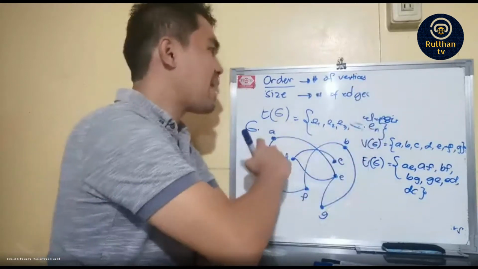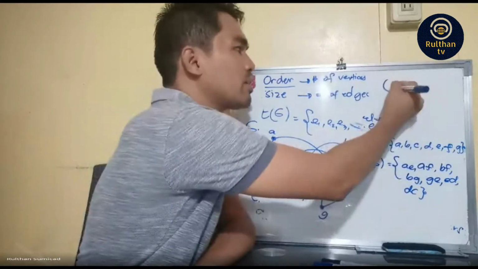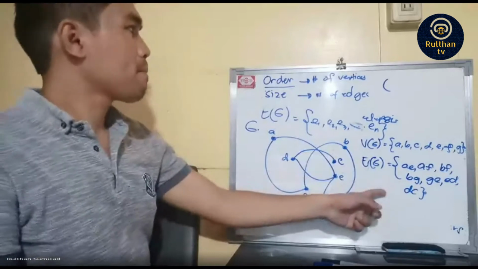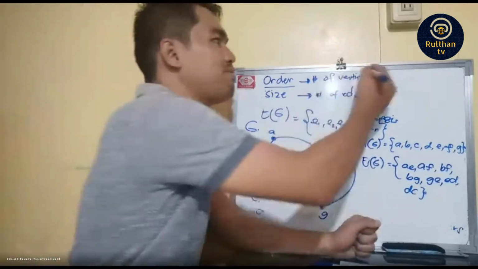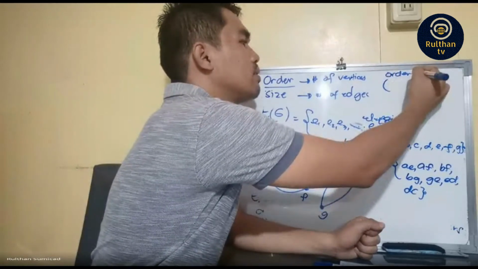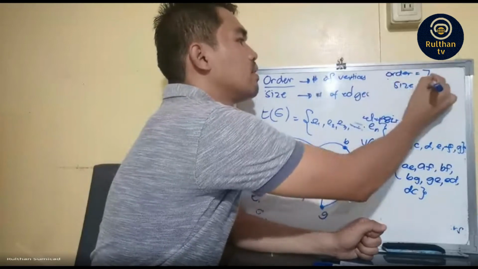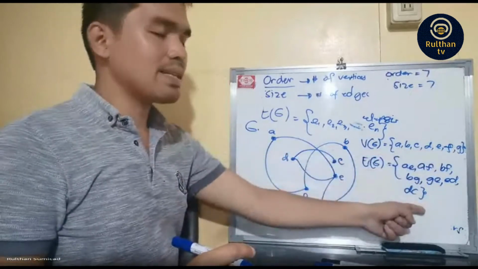So for example, graph G here is of order 7 with size 7, because we've got 7 vertices and we also got 7 edges.